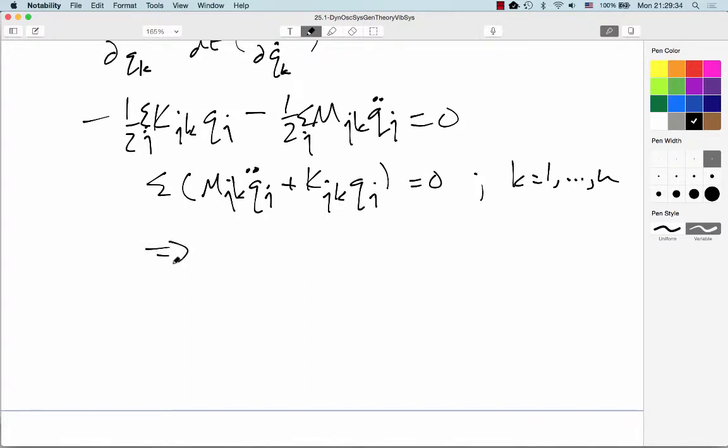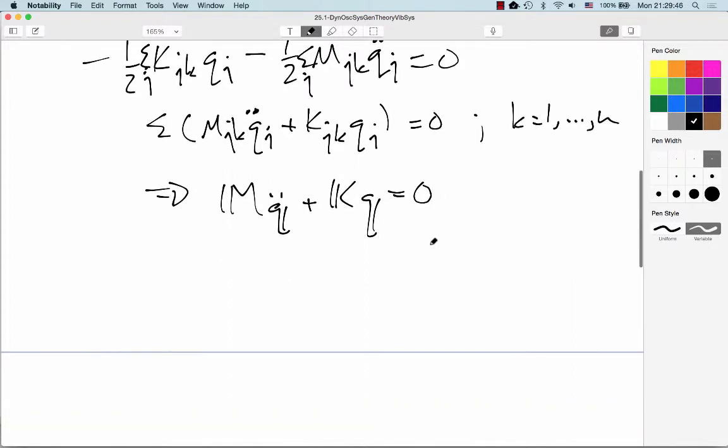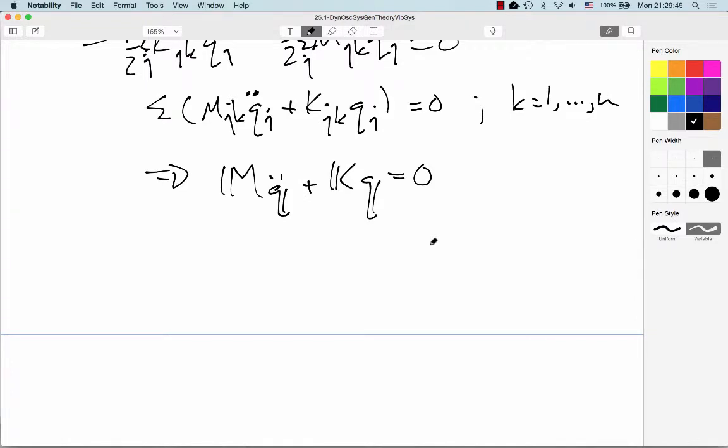Going back into matrix notation, we can write that as m operating on our q double dot plus k operating on q equals 0. Well, we know how to do this. So just like before, we'll try a solution. We'll let the vector q equal some a times the cosine of omega t. So we can plug that in. When I differentiate this twice, I'm going to get a minus omega squared coming out front.